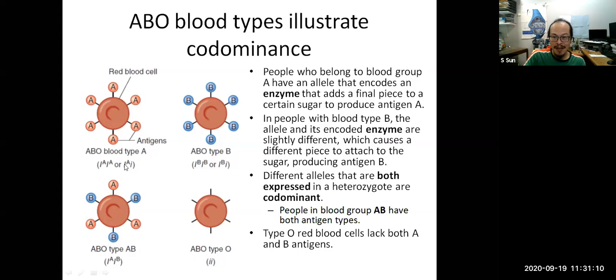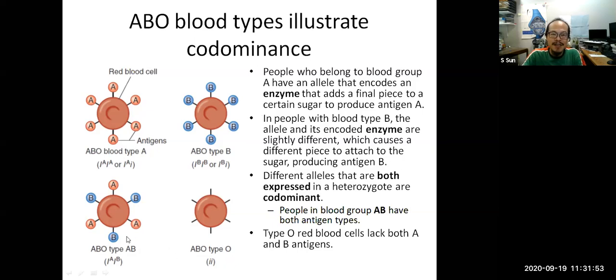As long as you have the allele which can generate the antigen A, then you will be blood type A. So you can have parents of type A and type A, or parents of type A and type O, and you have the chance to have type A. Same thing with type B: both alleles could be B, or just one allele B. If you have one B, you have one gene to express the enzyme to produce the type B antigen.